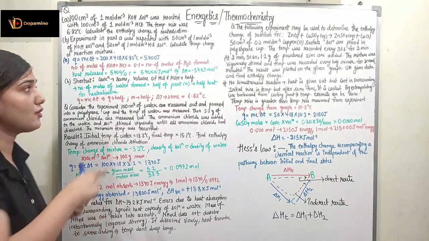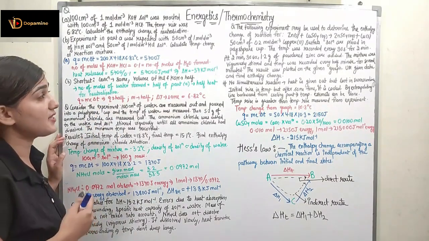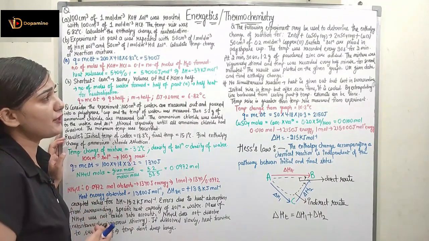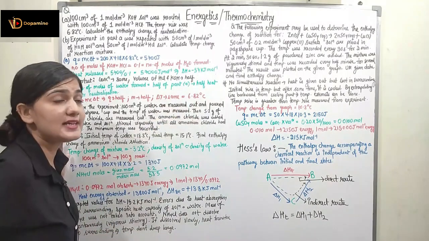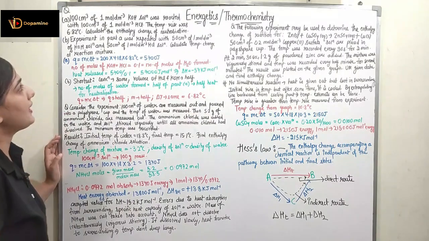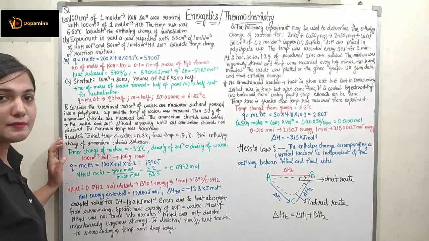For 1 mole of H2O, 5700 divided by 0.1 mole of heat is produced, that is 57,000 joule per mole. The enthalpy change for neutralization will be negative because heat is released, that is minus 57 kilojoule per mole.